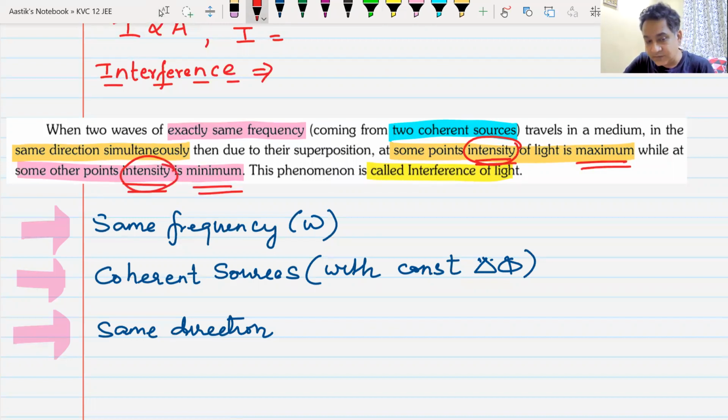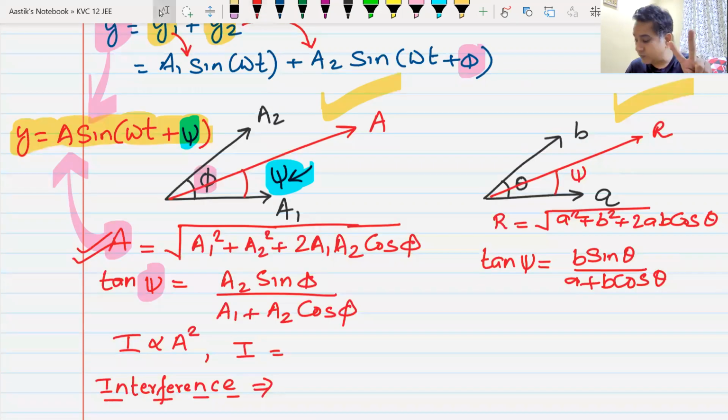Therefore, it becomes quite logical to talk about the intensity of this wave, which is found by the superposition of two waves. If I call the intensity I, what will be the intensity of this wave that is produced? Remember, intensity is proportional to A squared.